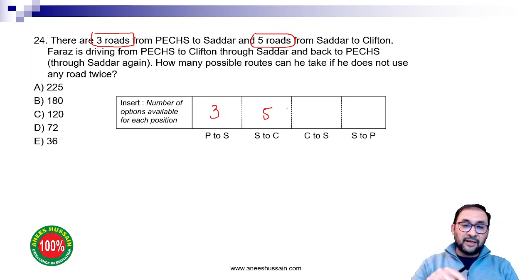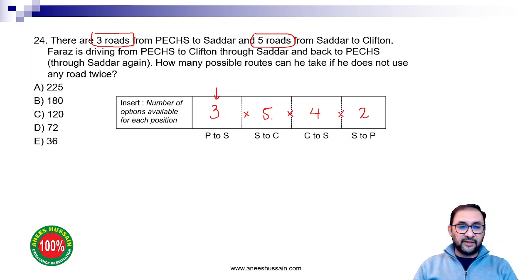Then when he goes back from Clifton to Southern, he will have 4 options available, because whatever route he used while going from Southern to Clifton, coming back, he cannot use that road again. So from Southern to Clifton, he had 5 options. So from Clifton back to Southern, we'll have 1 less, we'll have 4 options. And similarly, from PECHS to Southern, he had 3 options. So on the way back, he won't be able to use that same route, so he will have 2 options here. And that's it. You just multiply these numbers and you should get your answer.